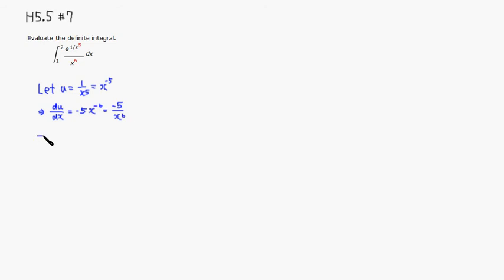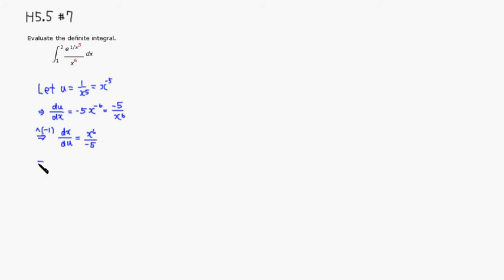Then we take the reciprocal of both sides. We get dx over du is equal to x to the 6 over negative 5.